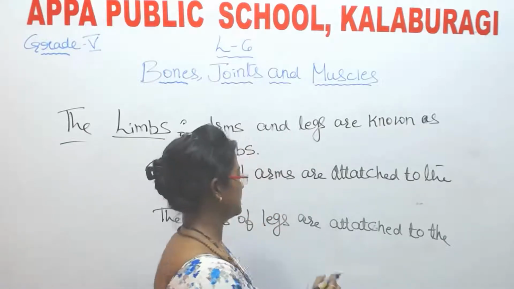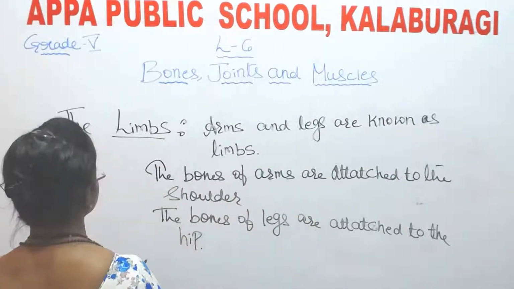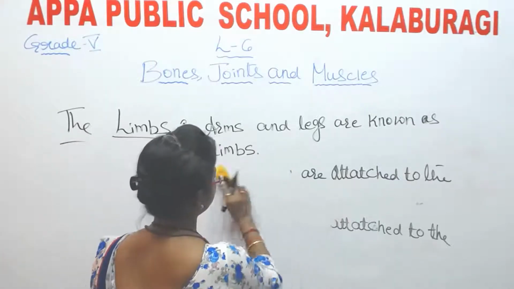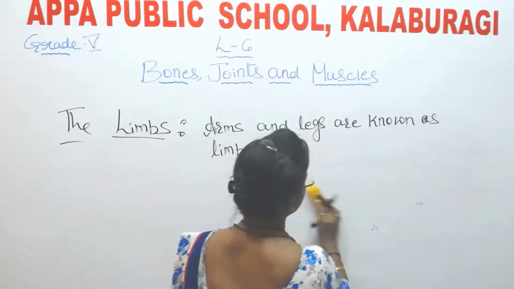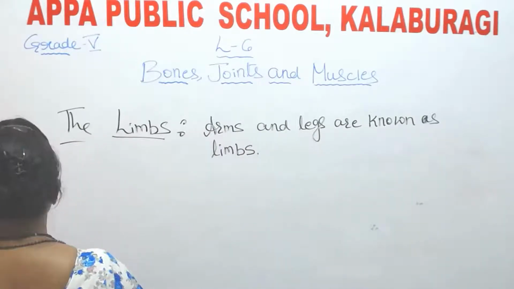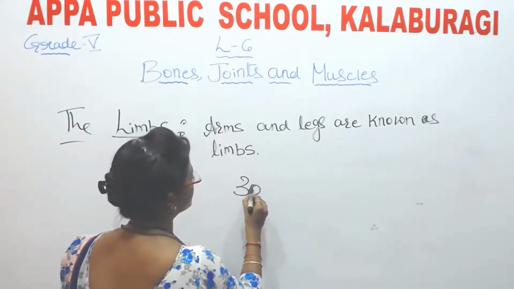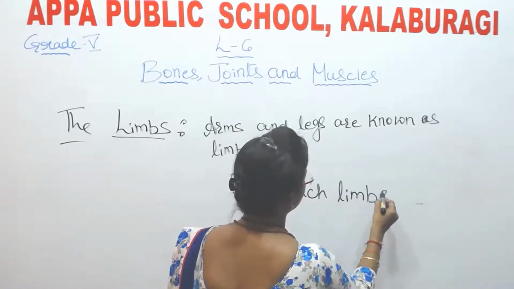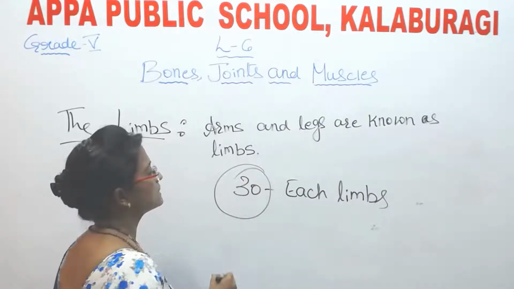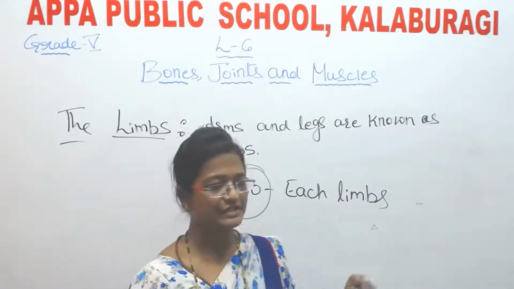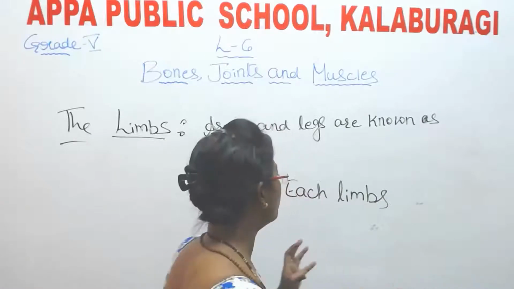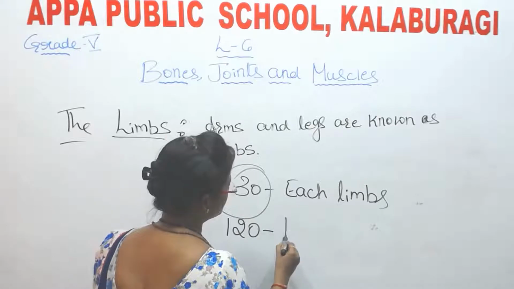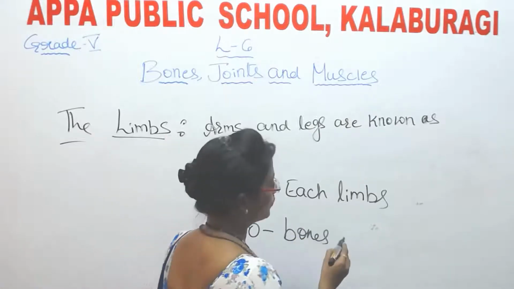Do you know how many bones are present in each limb? Let me tell you. There are 30 bones in each limb. So, overall how many bones are there? 120 bones.